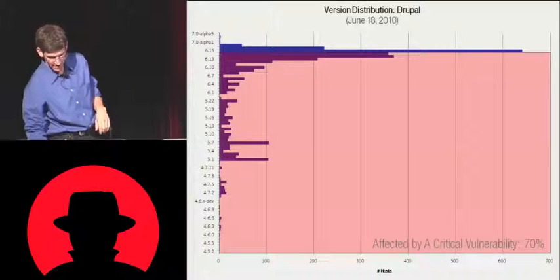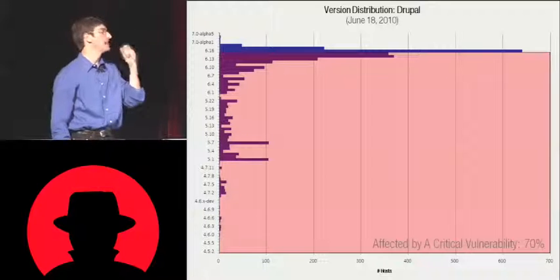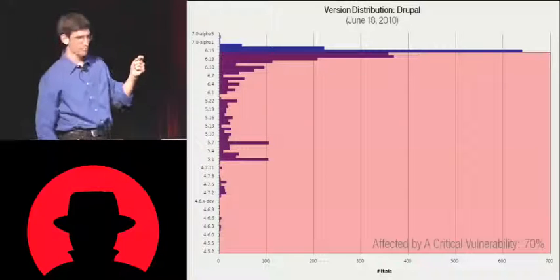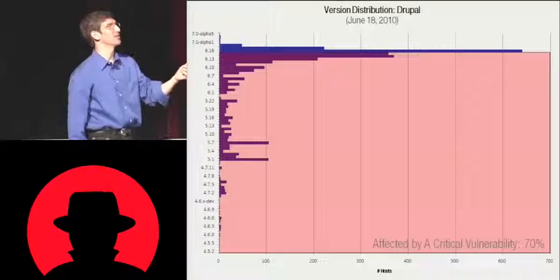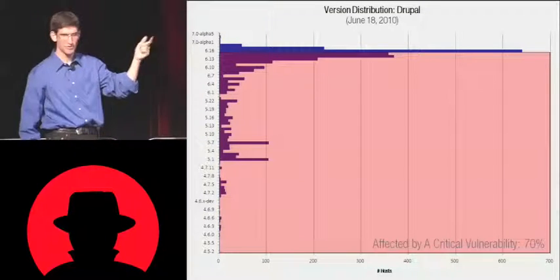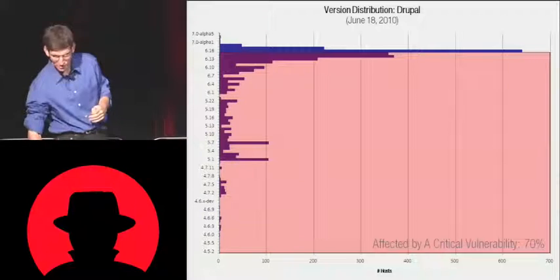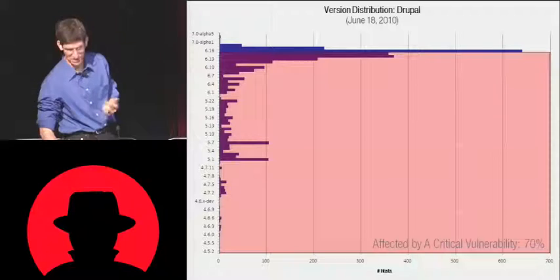Also notice these couple of spikes, these are hosting providers and package managers that are not providing a version that is up to date enough to keep you away from these critical vulnerabilities. If you grab the slides, the actual vulnerabilities are in there. So anybody running a version less than 6.16 was vulnerable to this.